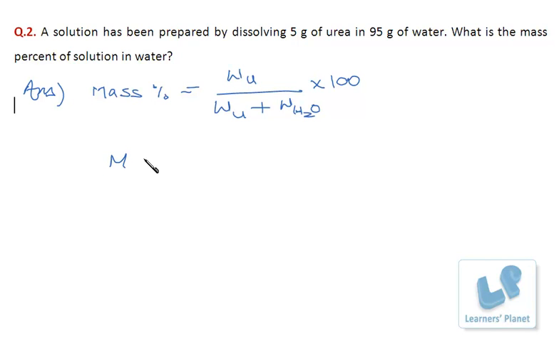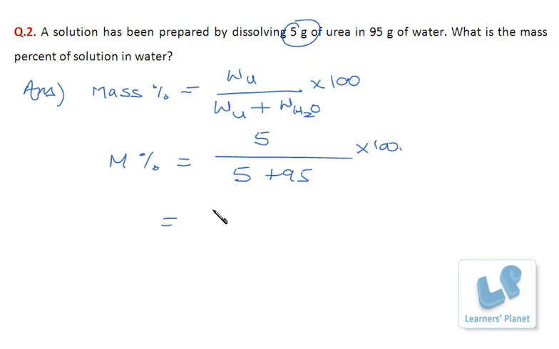Mass percent we have to find out. What is the weight of urea in the solution? 5 grams by 5 plus 95 into 100. What will it come? It would be 5%. So it's a very simple question. This is the way you can find out the mass percent, right?